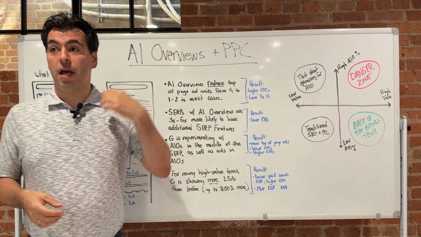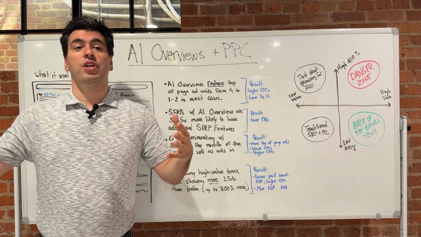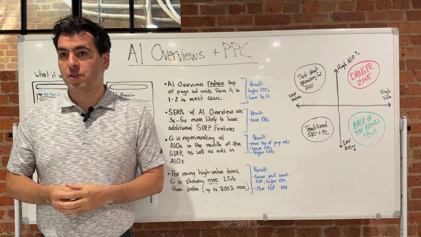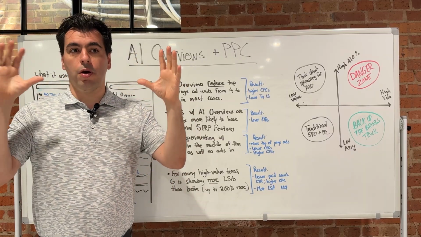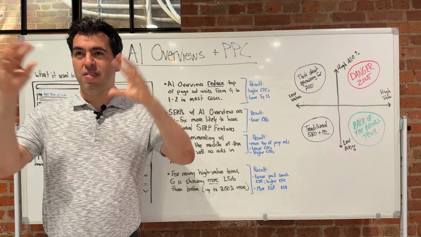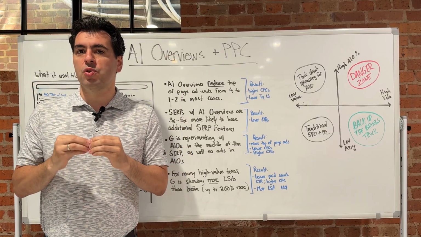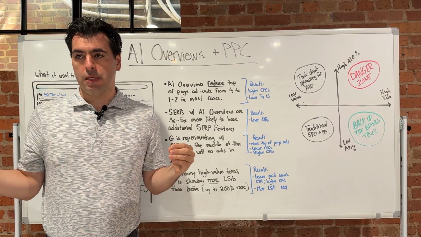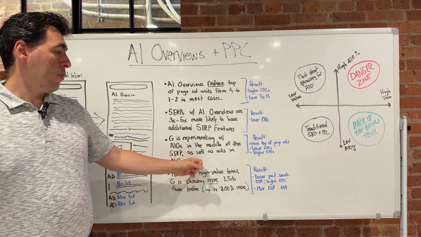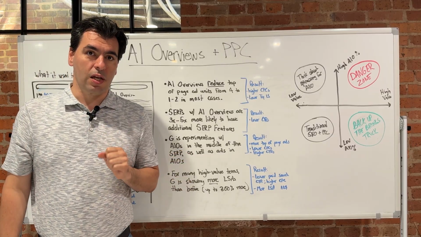Some are even having shopping carousels and search ads and AI overviews, right? The number of SERP features, the number of things competing for your user's attention increases. Number 3, this is where things get interesting.